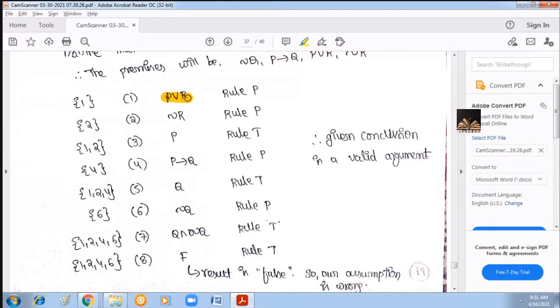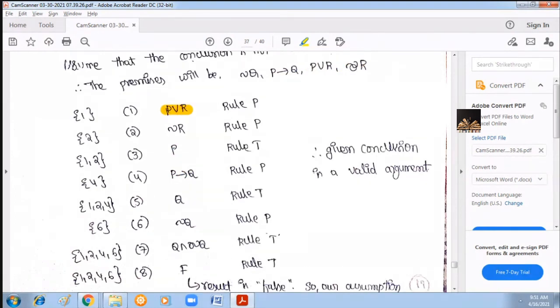P or R, one premise I have considered, and negation R, the second premise. From these two premises you will get P, right? Now one more premise I have considered, P implies Q, which you can write as negation P or Q.